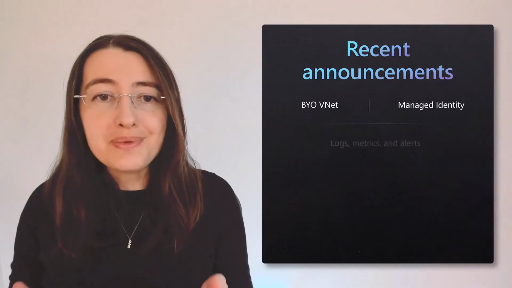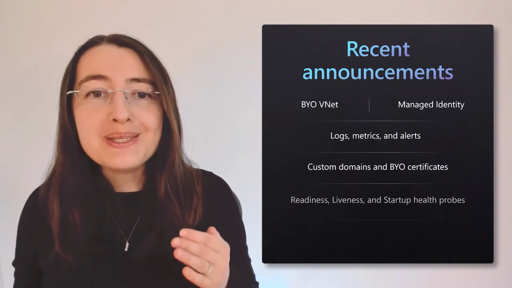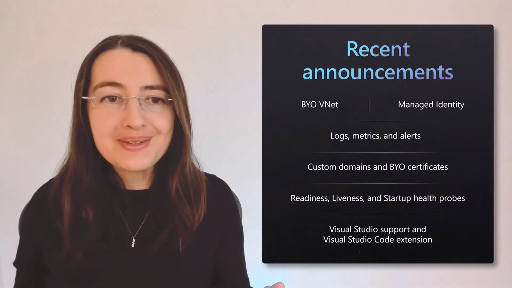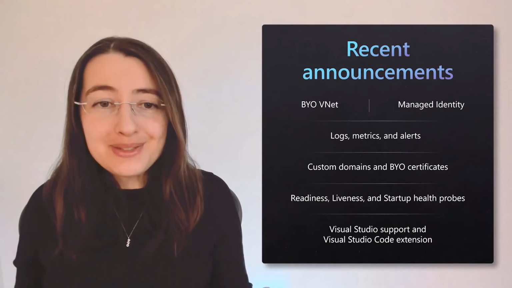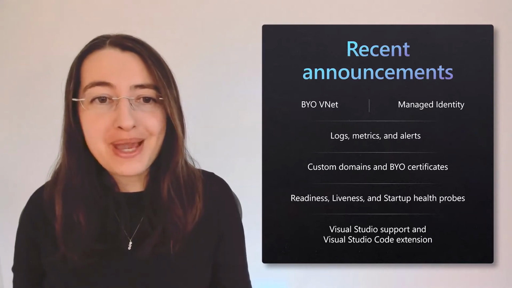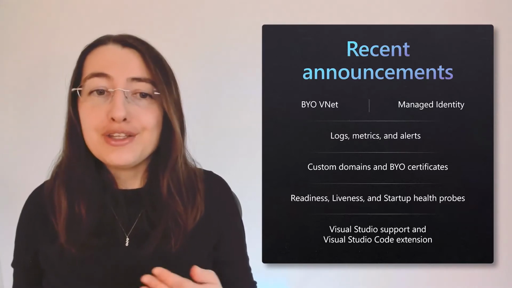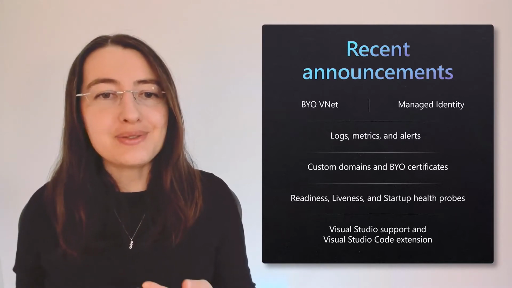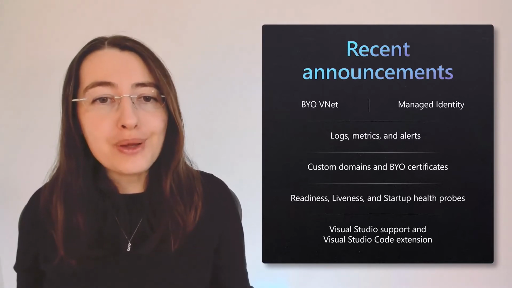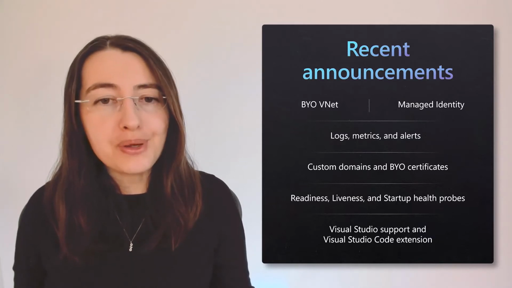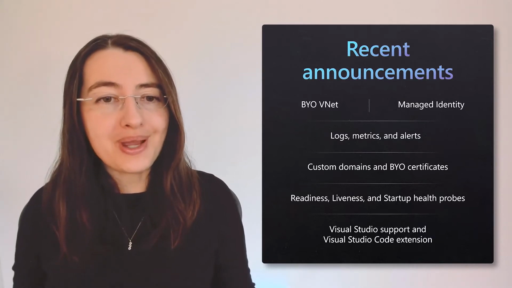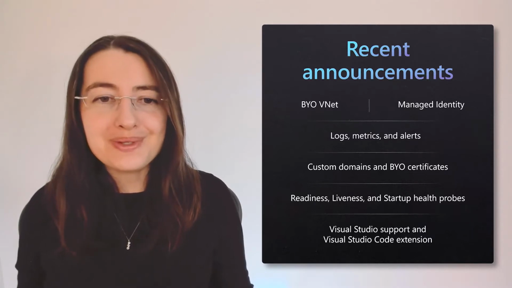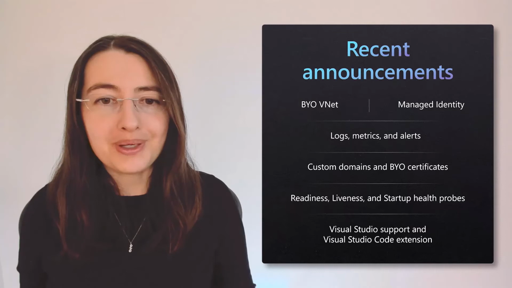All the scenarios we reviewed are supported by a set of new features we delivered between public preview and general availability. These features are based on feedback from the community. You can now use a custom VNet, configure managed identity and custom domains, define health probes based on Kubernetes health probes, observe the behavior of your app, and accelerate app development with Visual Studio and Visual Studio Code tooling support.